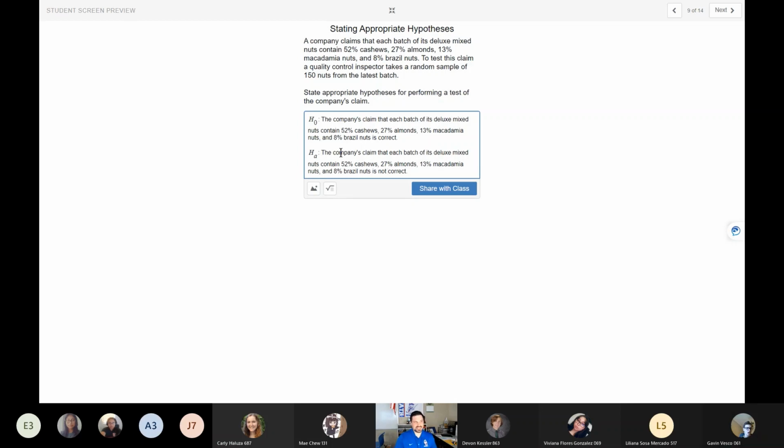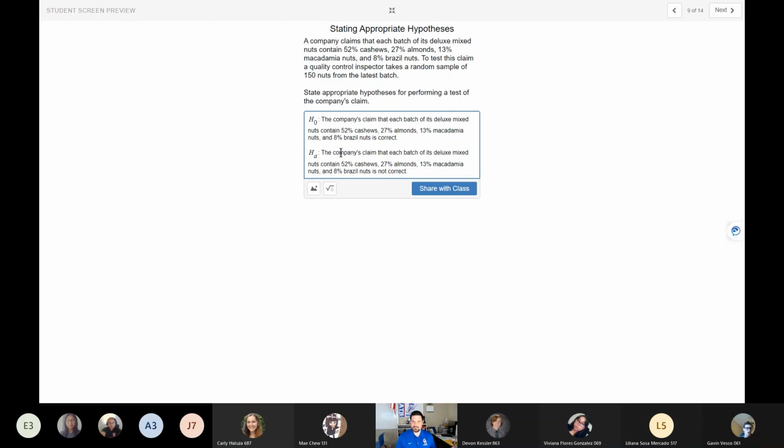The alternative is just saying that some part of that is not correct. If some part is not correct, the whole thing is not correct. So the company's claim that each batch of its deluxe mixed nuts contains 52% cashews, 27% almonds, 13% macadamia nuts, and 8% Brazil nuts is not correct.